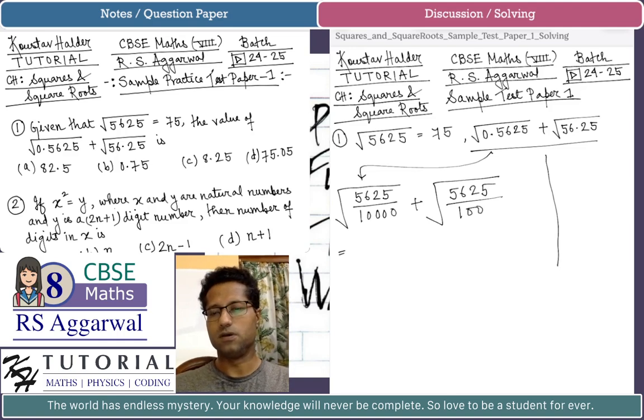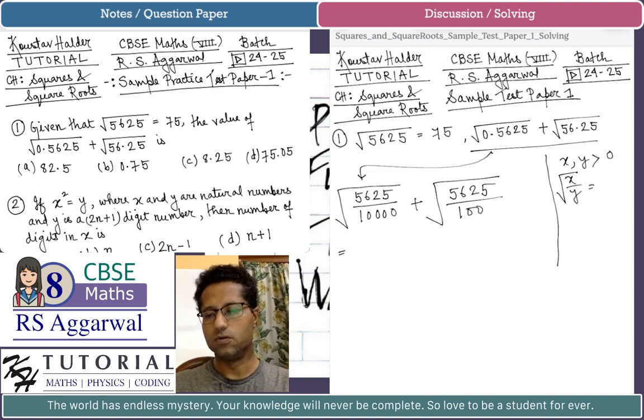Now we can write this as per the properties of a square root, that for positive numbers x and y, we know that the square root of x by y is equal to square root of x divided by square root of y.